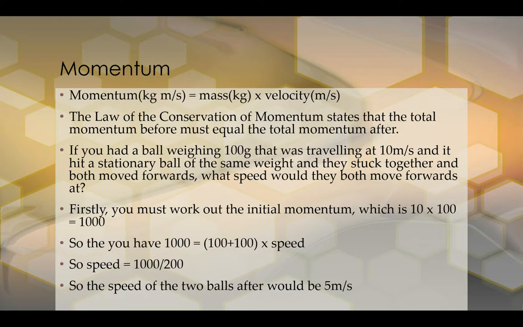And here, because all of the masses are in grams, we don't have to convert it to kilograms because it will still give the same result. So then you have that 1,000 is the two balls put together, so 100 add 100 times the speed. So then if you rearrange it, it's 1,000 over 200 is equal to the speed. So therefore the speed of the balls after would be 5 meters per second.